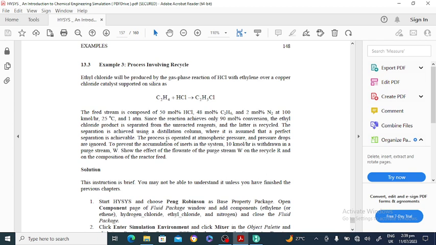To prevent the accumulation of inert in the system, the inert being nitrogen, 10 kilomole per hour is withdrawn in a purge stream.